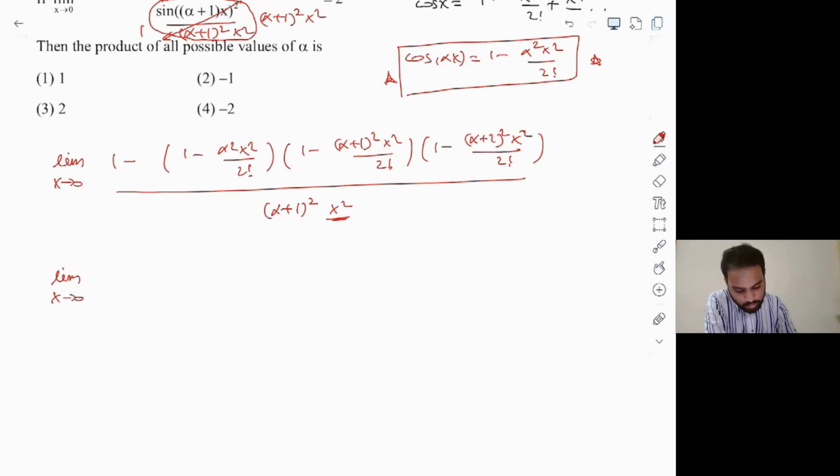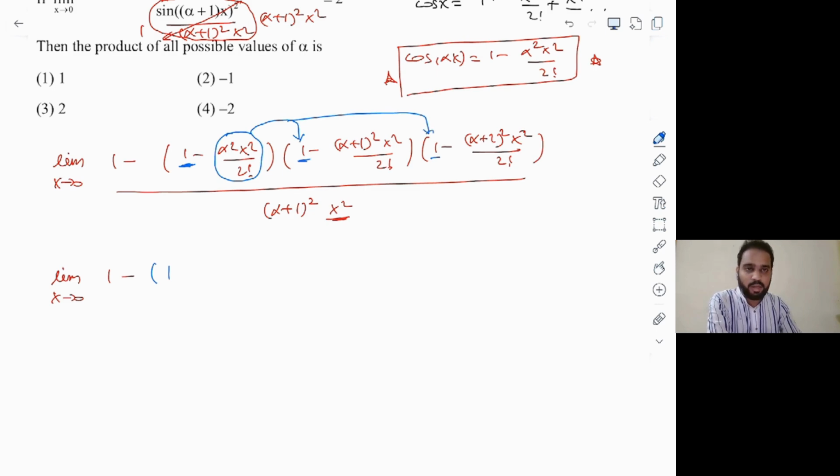So let us write down only the constant terms and x squared terms. Limit x tends to 0, 1 minus of. If you want the constant term here, you need to multiply 1, 1, 1, which will give you exactly 1, right? And then if you want the x squared term, one combination is this: alpha square x square by 2 factorial into 1 into 1. I'm not expanding completely, I'm just collecting the coefficient of x square.